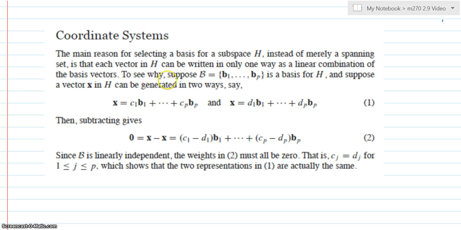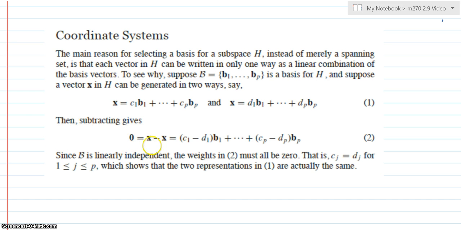To see why, suppose B is B1 through BP, a basis for H, and suppose X is in H, so X can be generated in two different ways. Say it's C1B1 plus dot dot dot CPBP, and another way is maybe D1B1 plus dot dot dot DPBP.